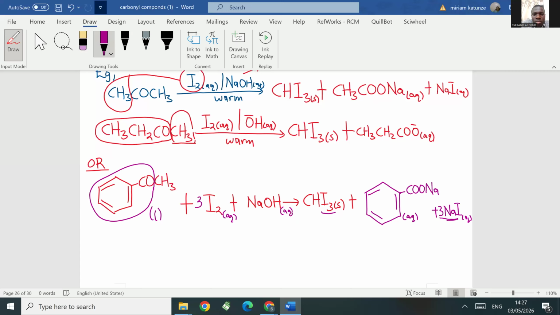Then, which other one can I look at? The sodium. Are the sodiums balancing? The sodiums are not balancing. We have 3 sodiums here and 1 sodium there. So how can I balance them? Maybe I put a 4 here.